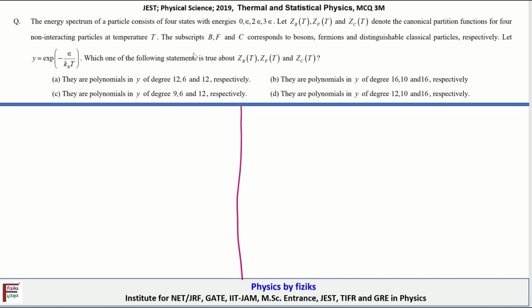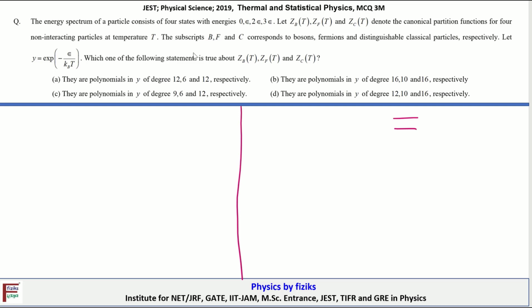Basically we need not determine the entire partition function here. Simply we have to recognize the maximum power of y, which is exponential minus E by kT, in the partition function. If you take a look at the statement, we have a system of 4 energy levels.